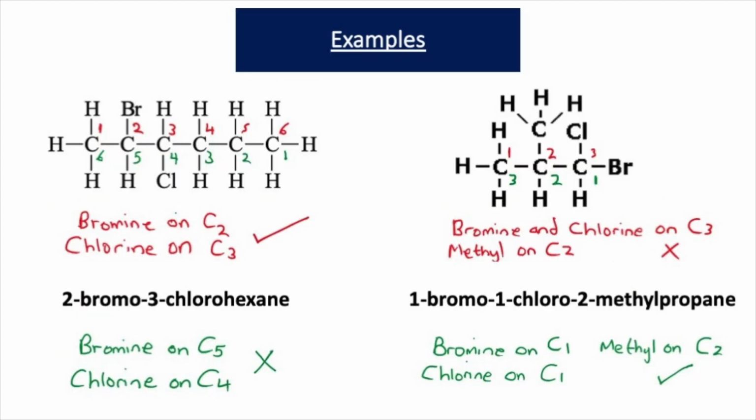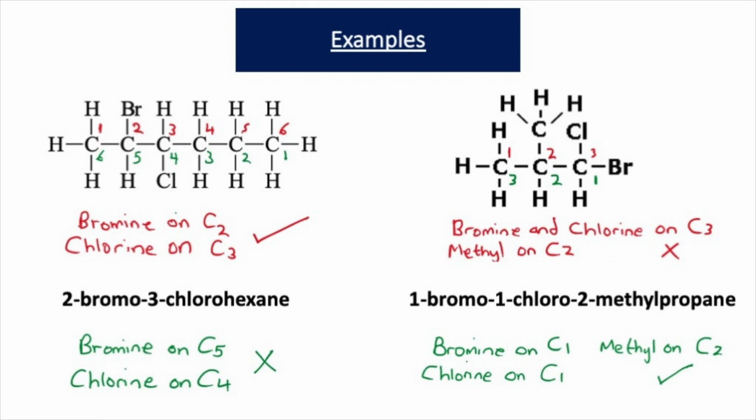So to illustrate these rules, let's look at some examples. So in my first example, I have a longest chain of 6 carbons. So the compound's name is going to end in hexane because there's 6 carbons in the longest chain. And I have 2 substituents, a bromine and a chlorine, on this 6 carbon parent chain.